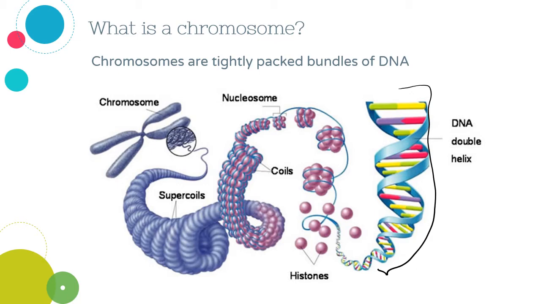So to fit all that DNA in an organized fashion into your cells, it is wrapped around proteins, supercoiled, and then condensed into this package called a chromosome. And that's what we see here, just a super condensed packet of DNA that allows us to organize and store DNA so that when we divide our cells to replicate them, it's easier to not mess up.